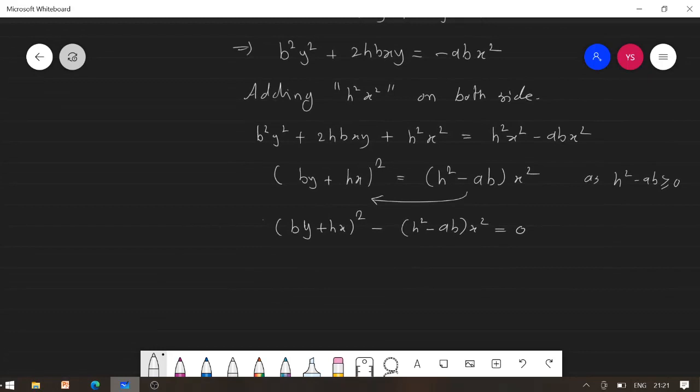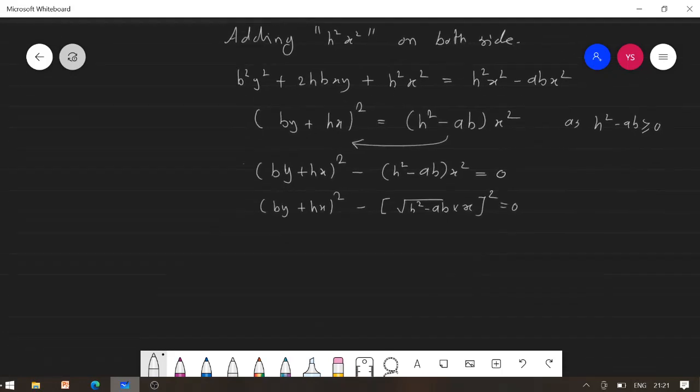So we convert h square minus of ab in terms of a perfect square like that: by plus hx the whole square minus of root of h square minus of ab times x the whole square equals to 0.